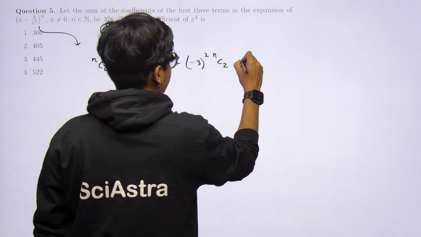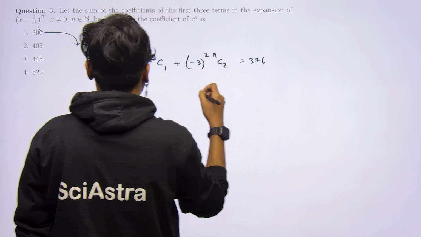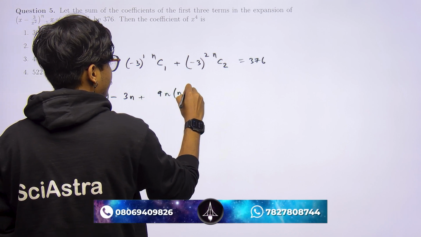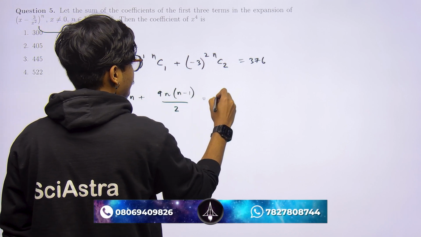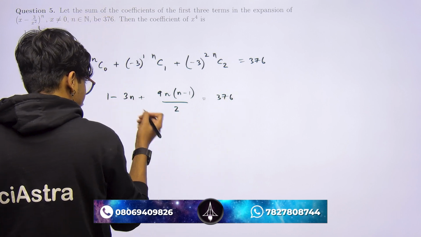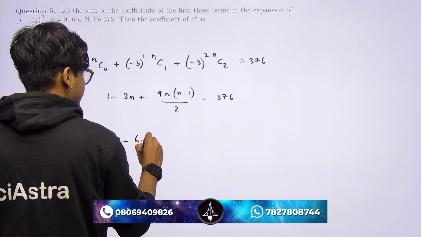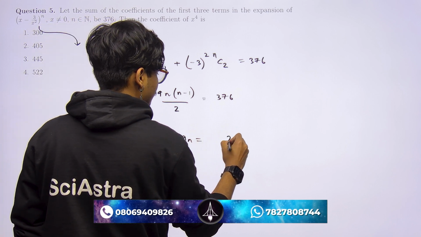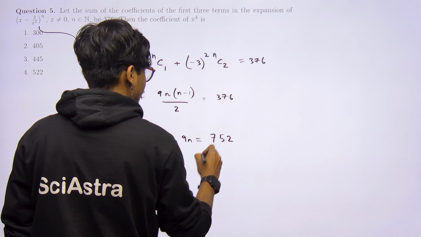And this value is given as 376. On simplifying the left hand side, you get 1 minus 3n plus 9 times n(n minus 1) divided by 2 equal to 376. On simplifying this further, you'll get 2 minus 6n plus 9n squared minus 9n equal to 752, right?